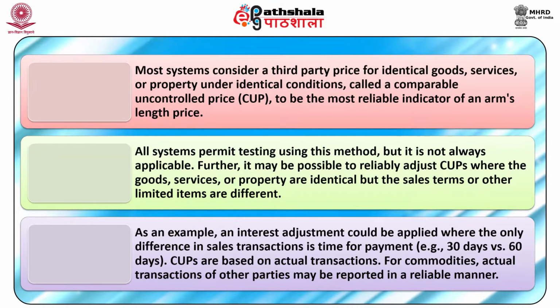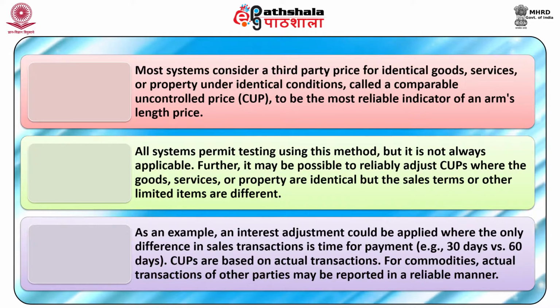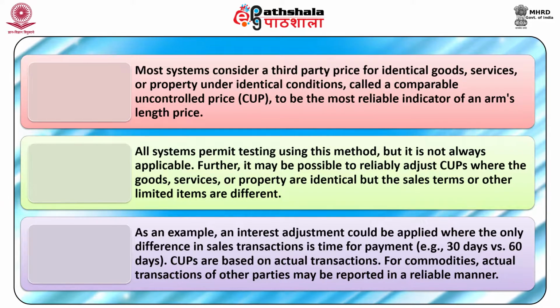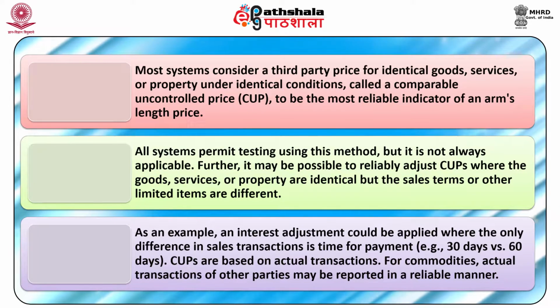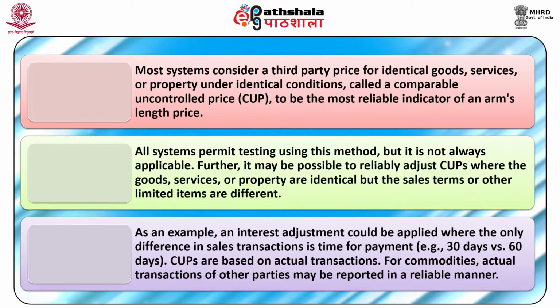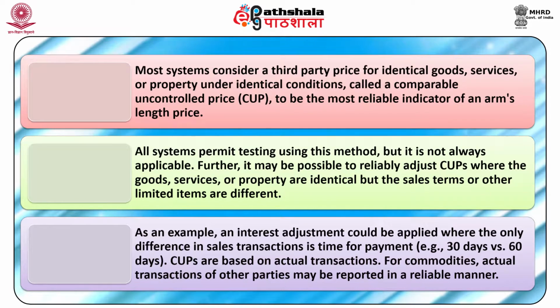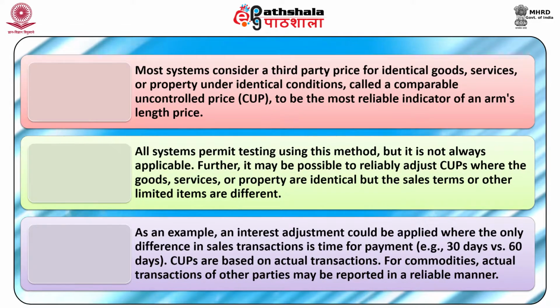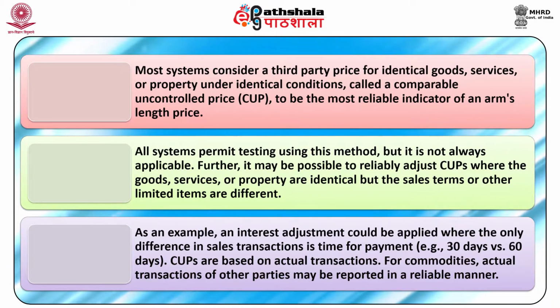Further, it may be possible to reliably adjust CUP when the goods, services, or property are identical, but the sales terms or other limited items are different. As an example, an interest adjustment could be applied where the only difference in the sales transaction is the time for payment. That is, it could be 30 days versus 60 days.